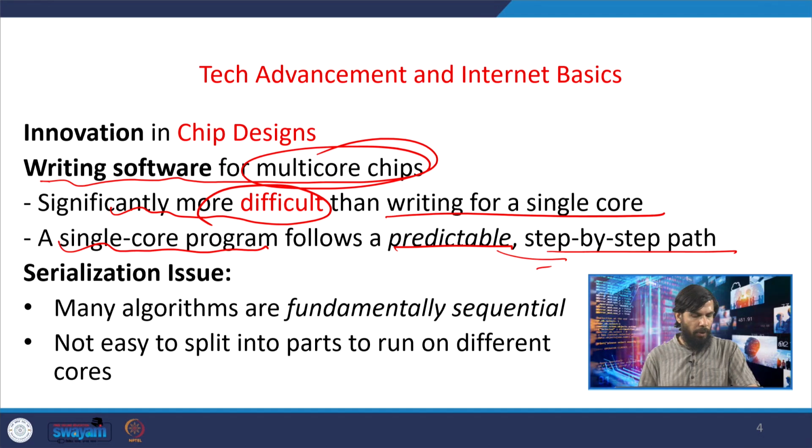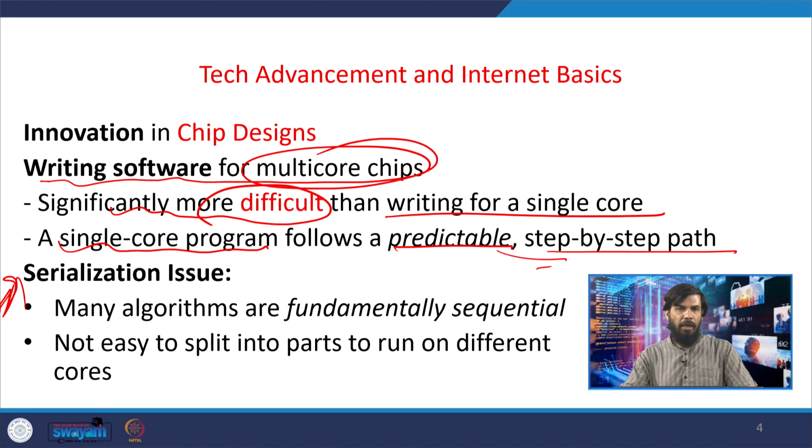What is the problem? The first issue is the serialization issue. Many algorithms are fundamentally sequential in nature. The way the algorithms are designed, for many cases there is hardly any change that we can make, because every next step might depend on the output of the previous step, and there would be no scope of parallelization there.